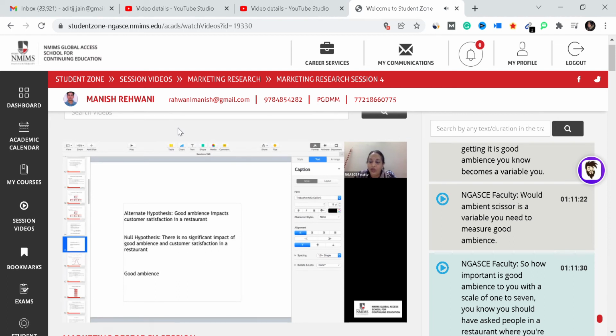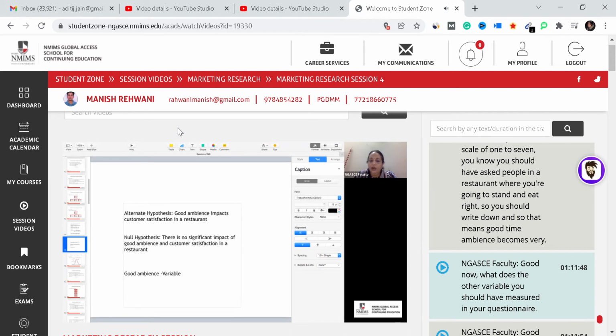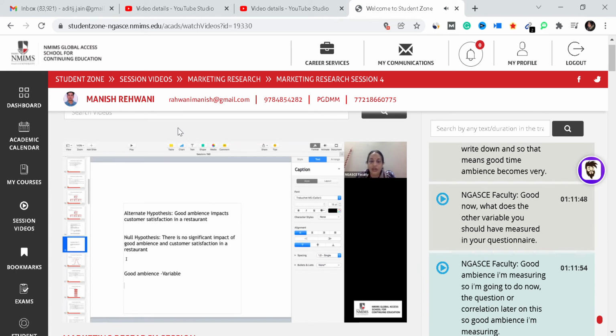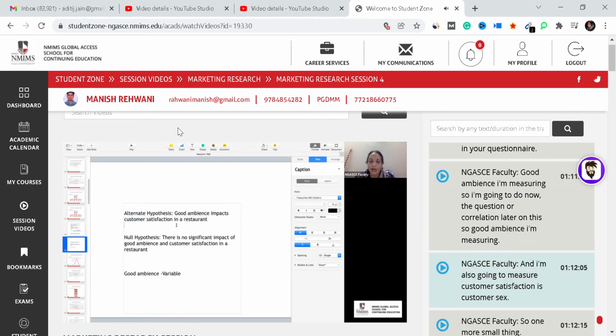So that means good ambience becomes a variable. Now, what is the other variable you should have measured in your questionnaire? Good ambience I'm measuring, and I'm going to do regression or correlation later on this. And I'm also going to measure what? Customer satisfaction. Yes, customer satisfaction.